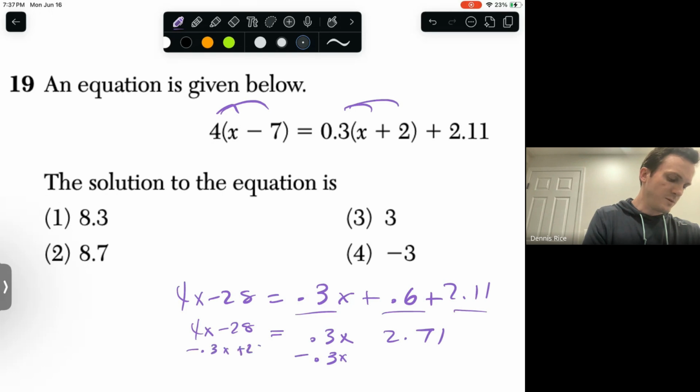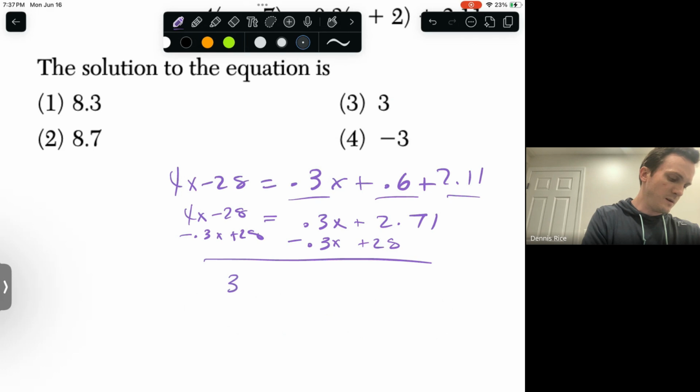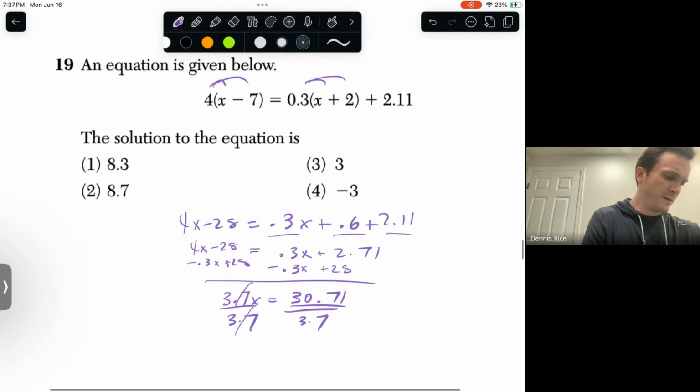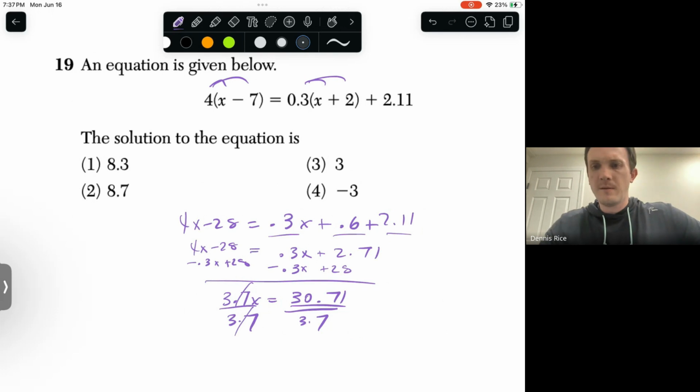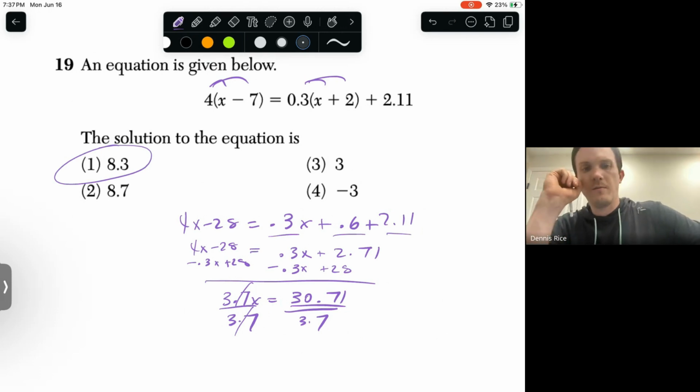And I'm going to add the 28 to the right to get 30.71 and then 3.7x. And then it's just 30.71 divided by 3.7. And what did we get for this one? 8.3? Very good.